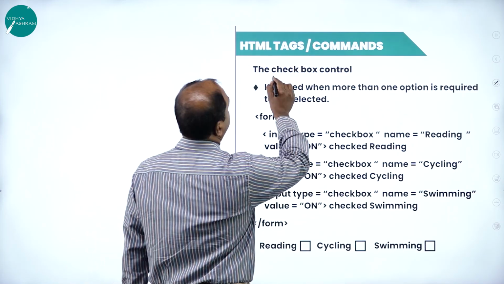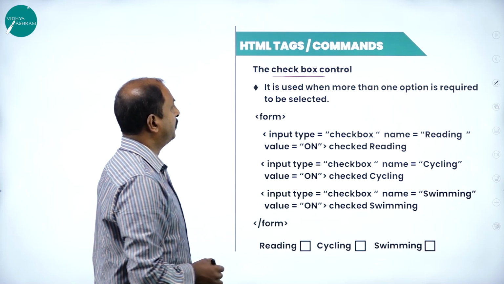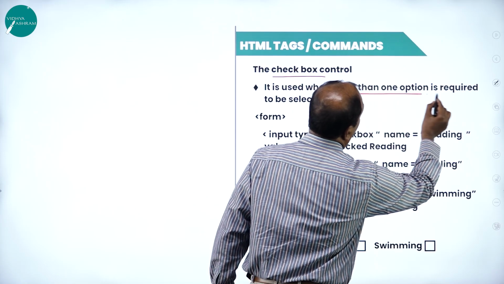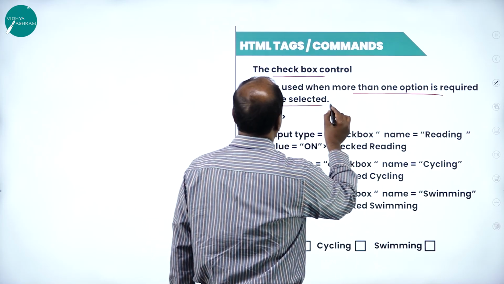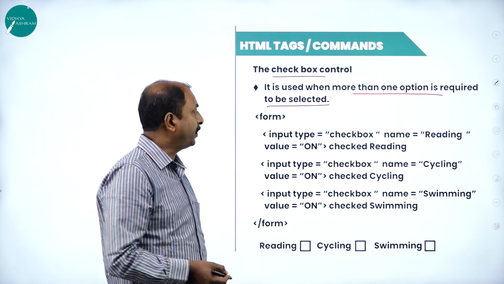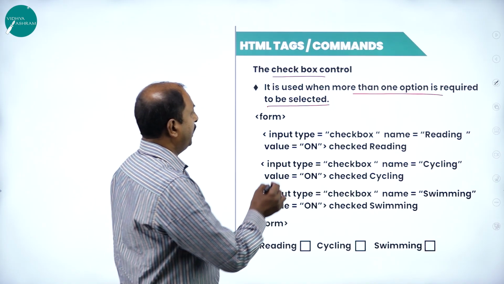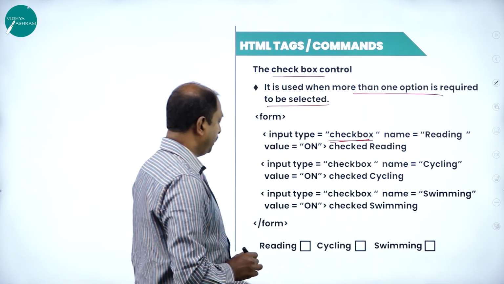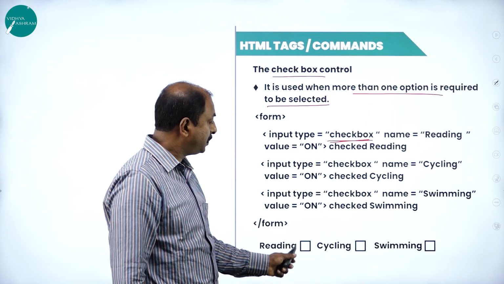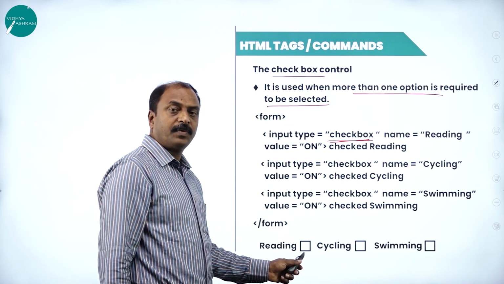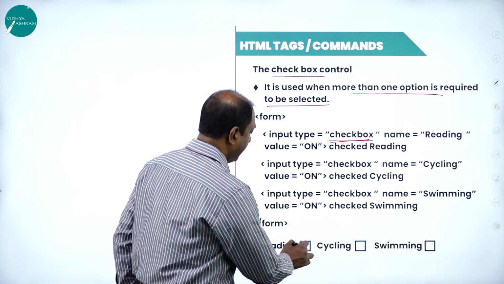Next one is the checkbox control. What is a checkbox control? It is used when more than one option is required to be selected. You might have come across an example while working with electronic forms. Here input type equals checkbox. This is called a checkbox, a square box, and we are supposed to click or select it.